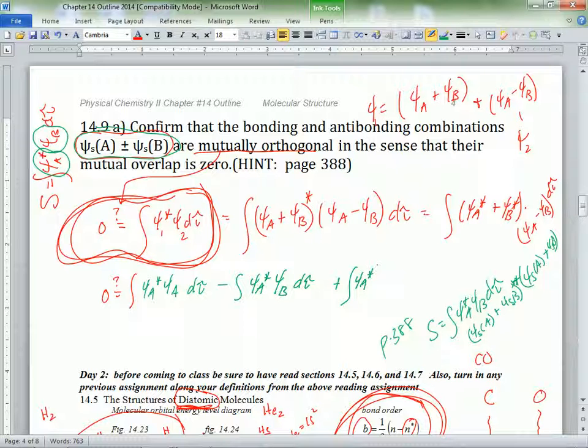Well, it should be minus psi B. I have to multiply my psi B through.